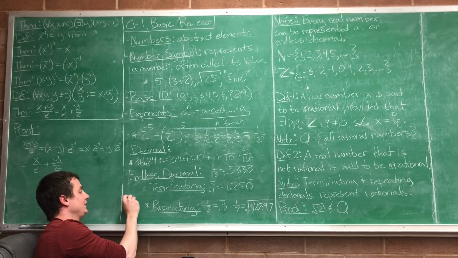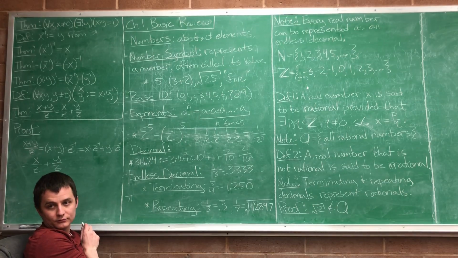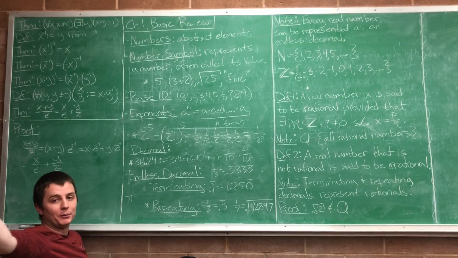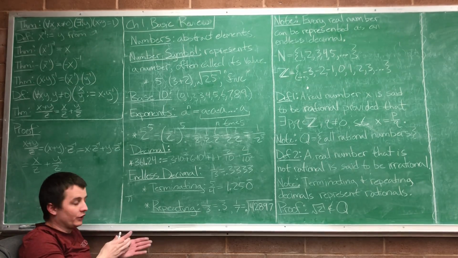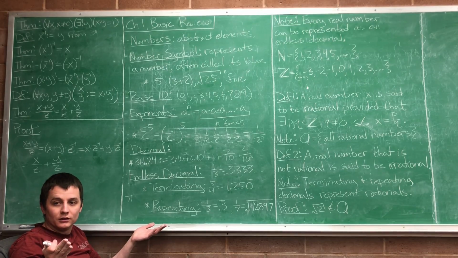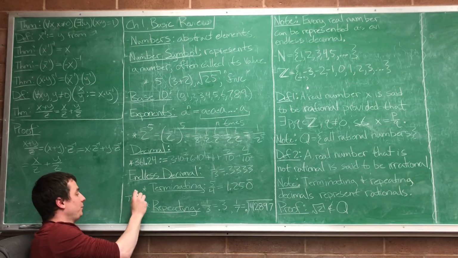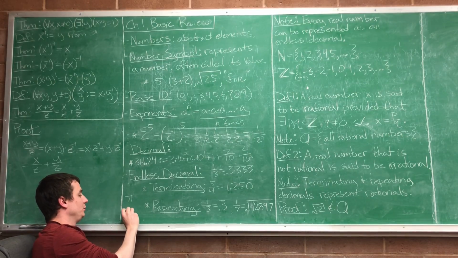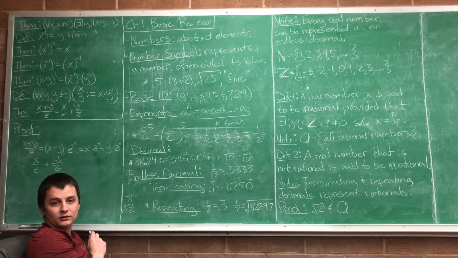An example of a number like that would be the number pi. Pi is a non-repeating decimal. 3.14159, blah, blah, blah. You write out the first 10 trillion digits, there's no repeating pattern.